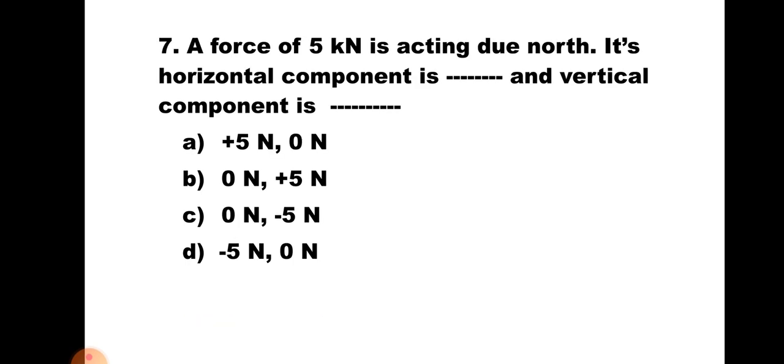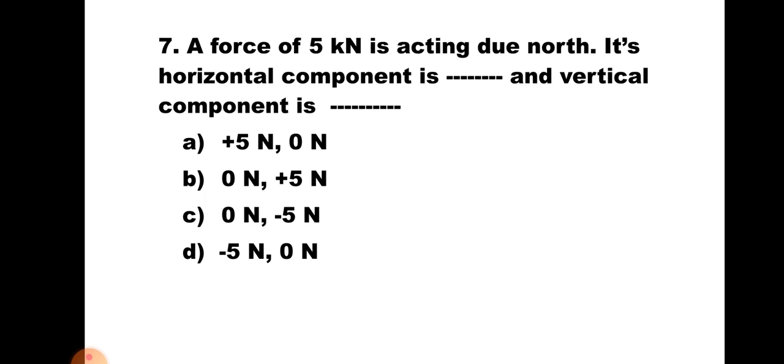Question number 7. A force of 5 kilonewton is acting due north. Its horizontal component is dash dash dash and vertical component is dash dash dash. A. plus 5 Newton, 0 Newton. B. 0 Newton, plus 5 Newton. C. 0 Newton, minus 5 Newton. And D. minus 5 Newton, 0 Newton.